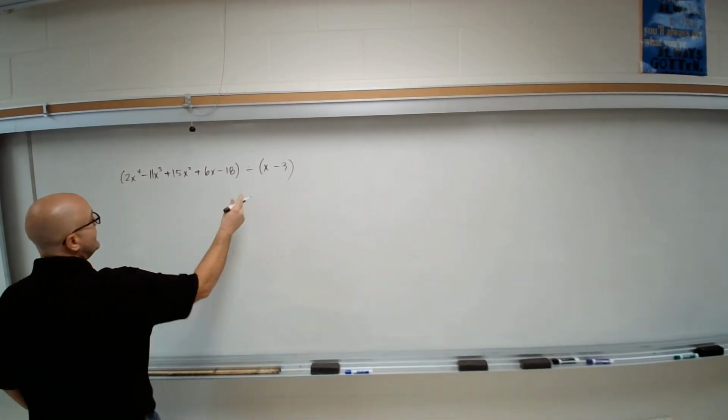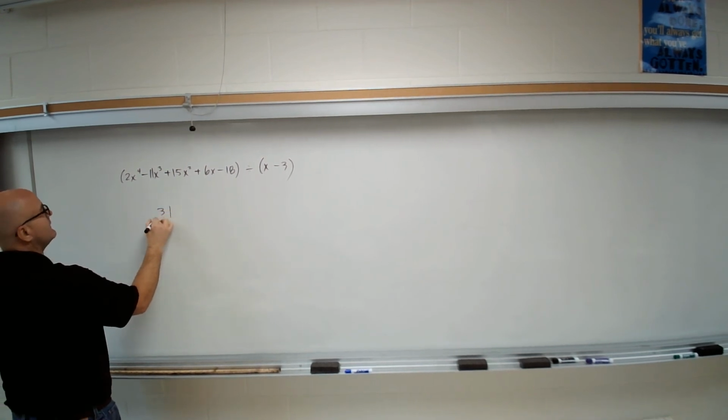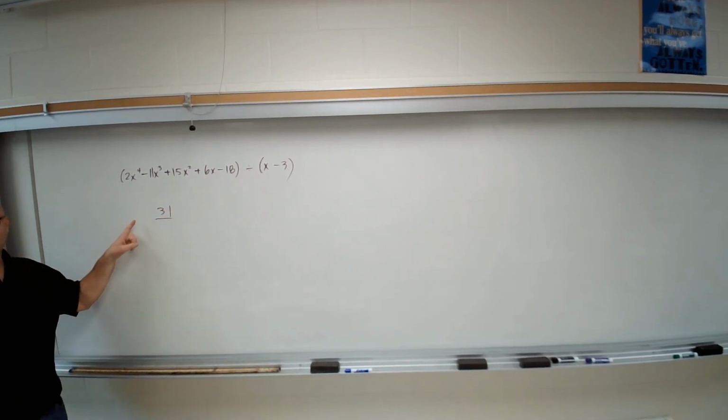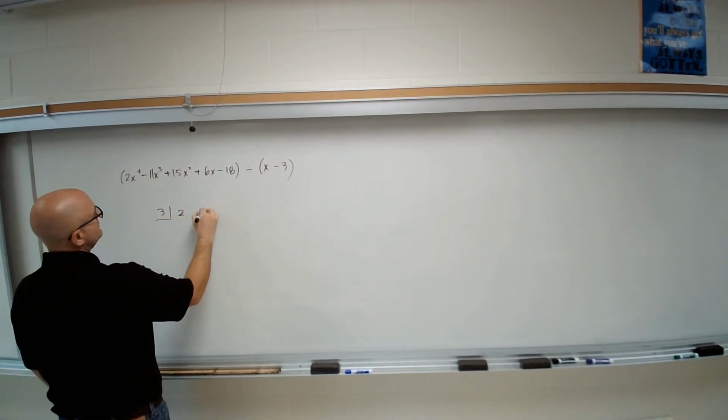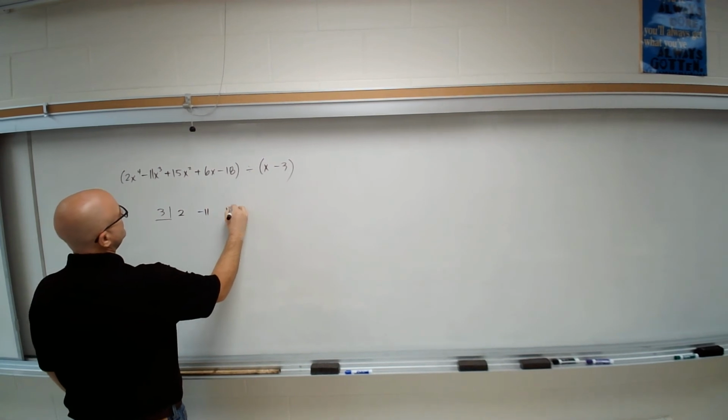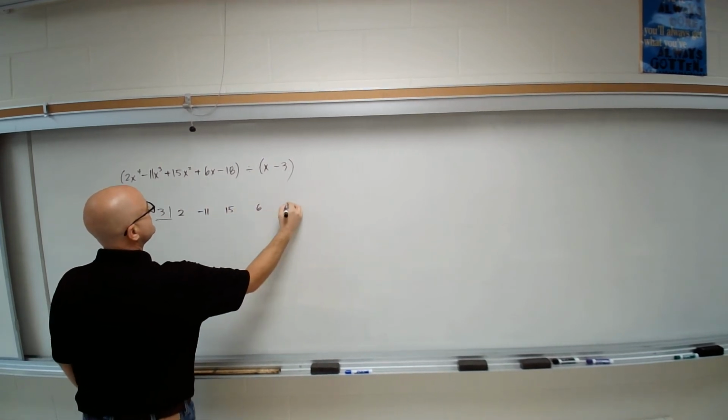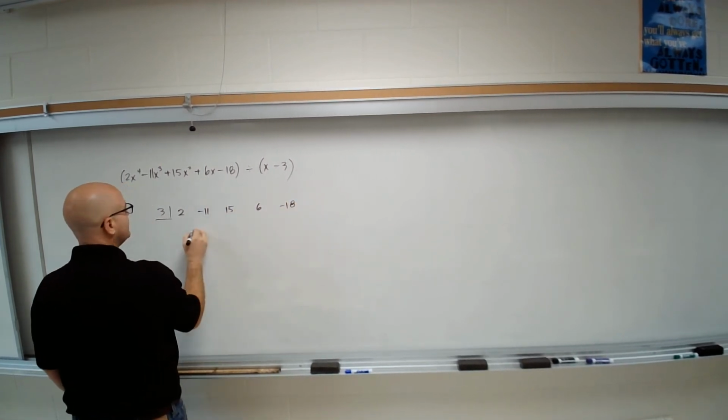So, in the box is a 3, right? That corresponds to the factor, or to the divisor x minus 3, so put a 3 in the box. And then 2, negative 11, 15, 6, negative 18.